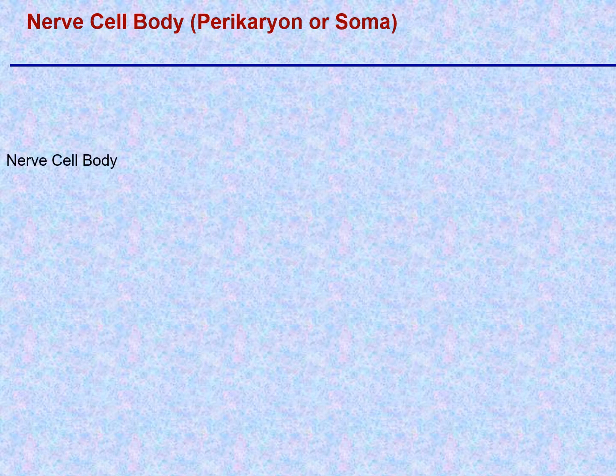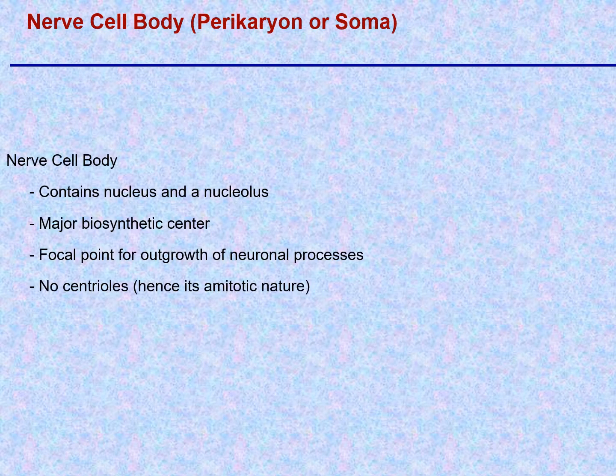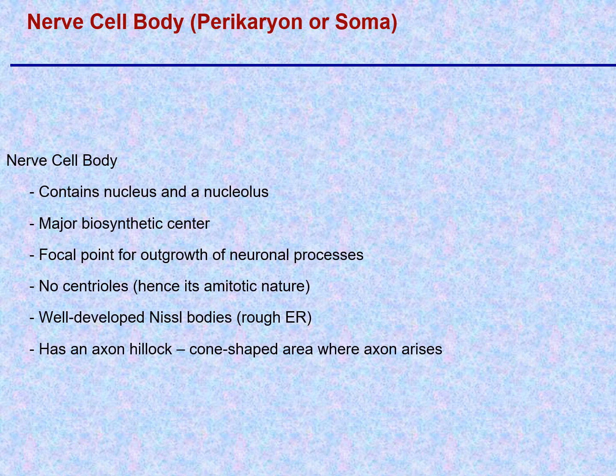The cell body contains the nucleus and nucleolus. There's a lot of biosynthesis of molecules going on there. It's the center point from which the processes, the axon and the dendrites, grow. It is not undergoing mitosis, so it is amitotic. It has a well-developed rough endoplasmic reticulum.